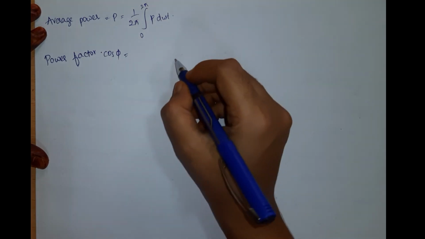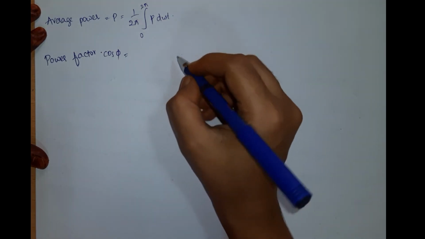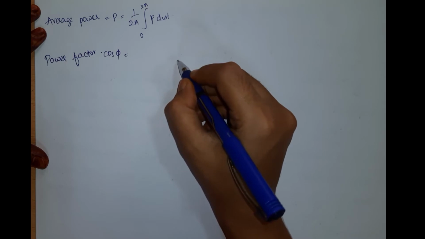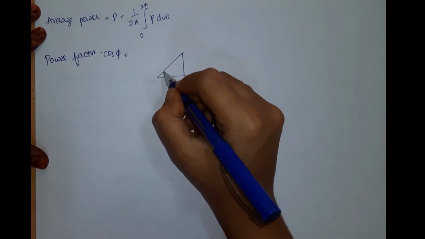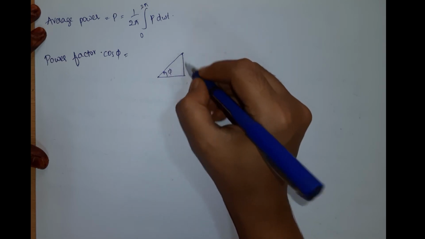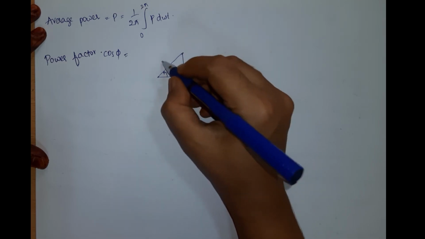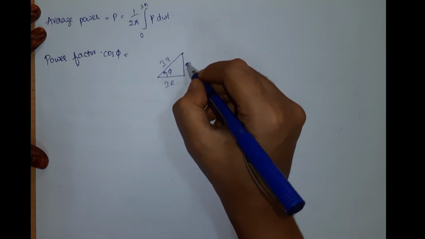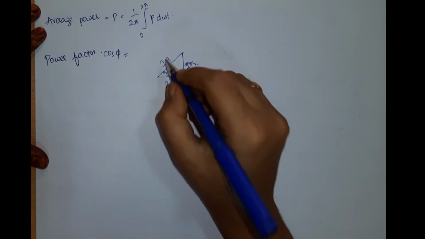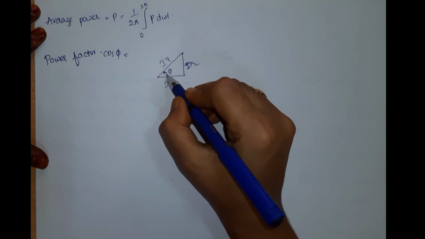From the triangle, where this is phi, and the sides are IZ, IR as well as I XL, cos phi will be what?